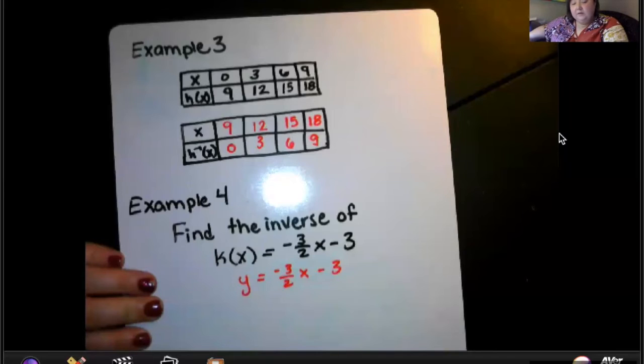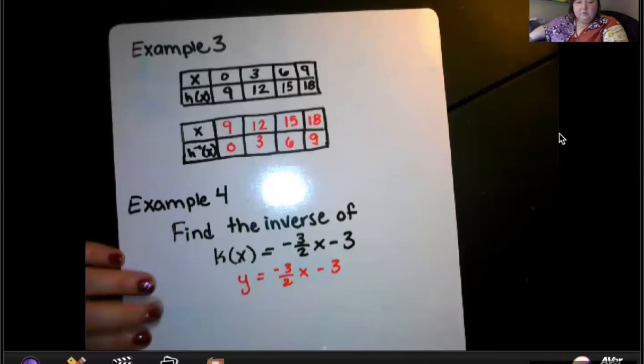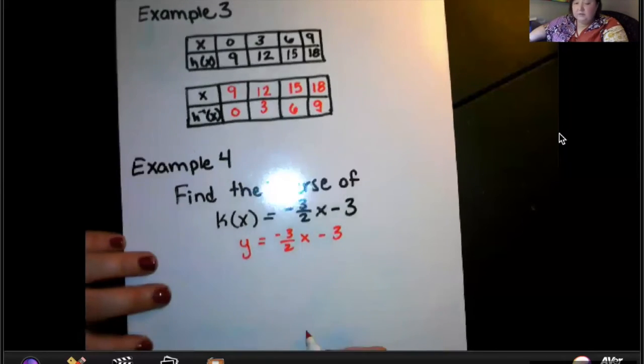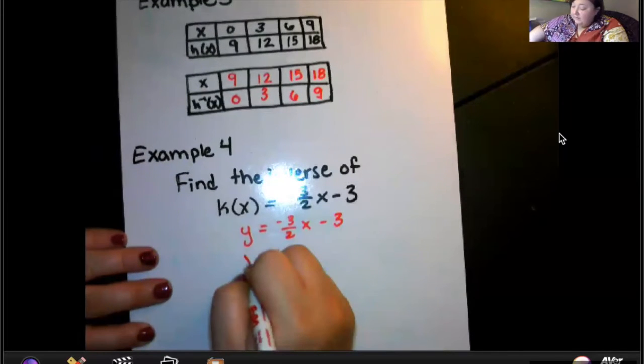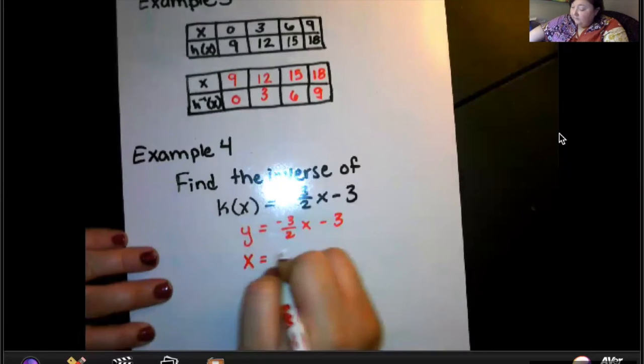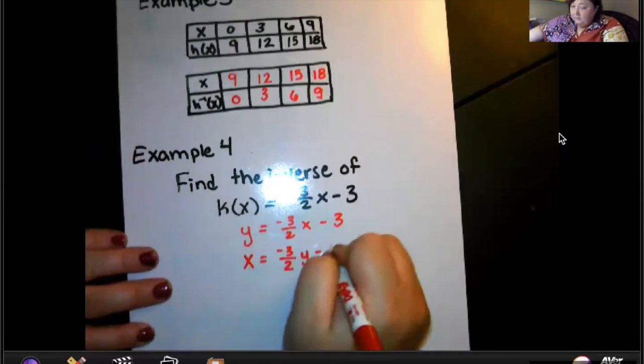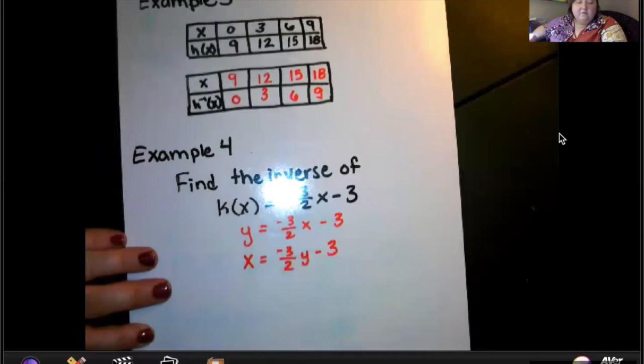If we want the inverse, what we're going to do is switch x and y. So y becomes x, and x becomes y. And we're going to solve now for the y value.